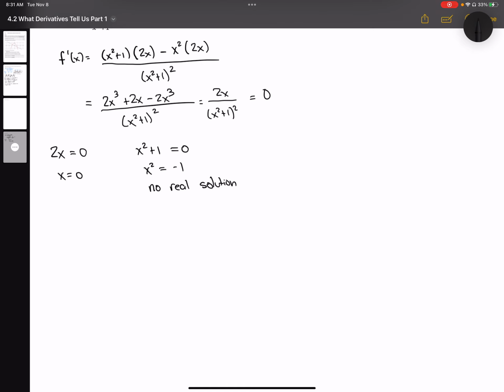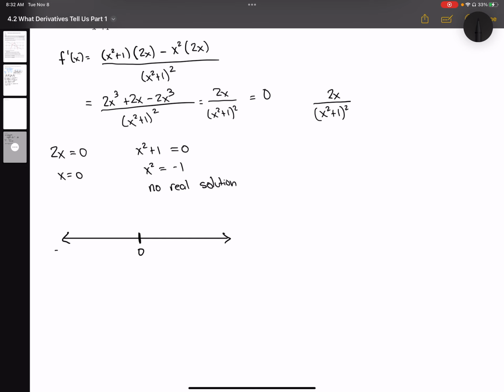So if we make our sign chart, let's see if I can draw a straight line. I did it. So then on our sign chart, we'll just put our lone critical value of x equals 0. And remember, we want to use the factored version of 2x and x squared plus 1 squared. Choose some value less than 0.